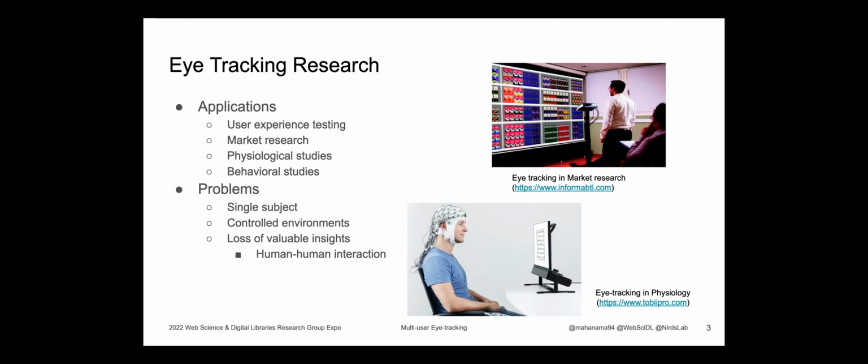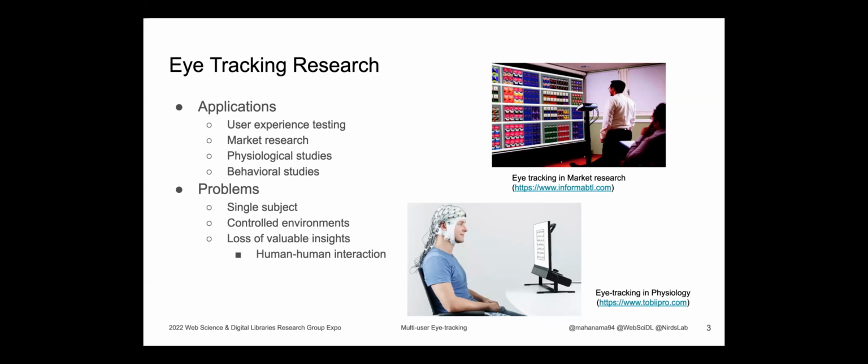As a result of these two factors, we are losing some valuable information. For example, there can be human-human interaction for a consumer, with valuable insights into deciding on the purchase of a product.